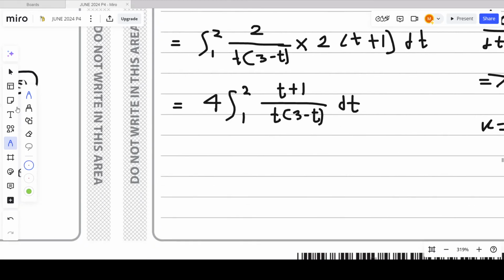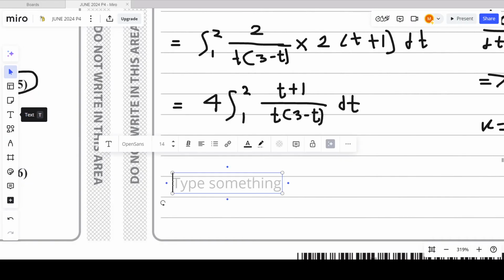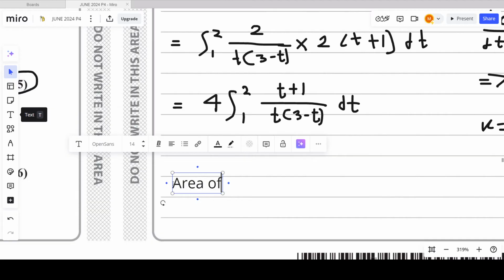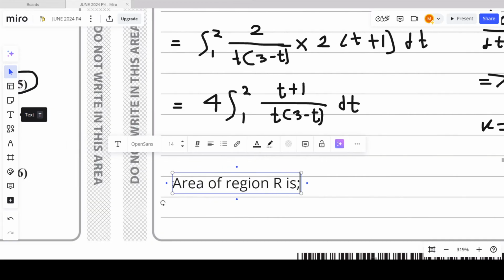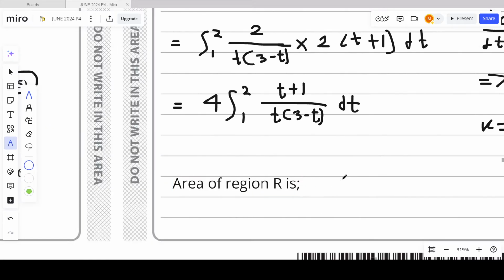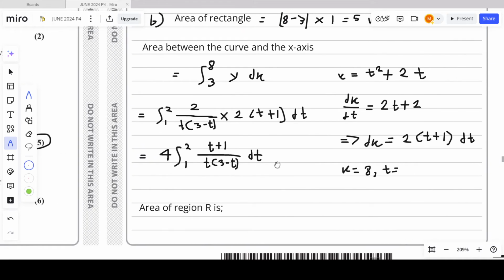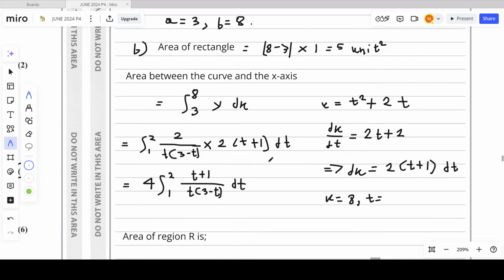Now the area of region R is the area of the rectangle minus the area between the curve and the x-axis.